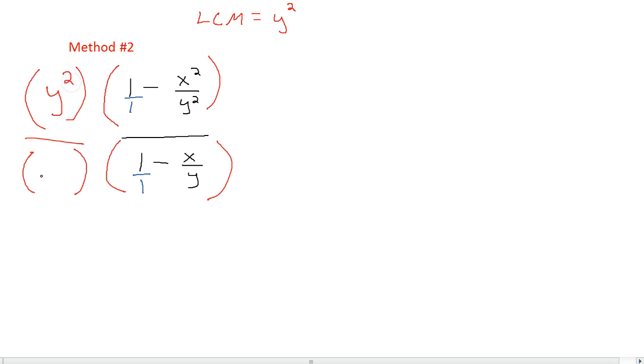I'm going to multiply the top and the bottom by my LCM over my LCM. So what that does, remember how distributive works? I would be multiplying it here and here and here and here. So instead of writing it like this, I'm going to write it a little bit differently.